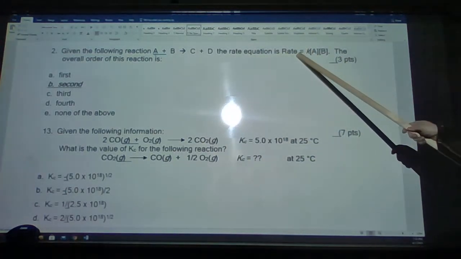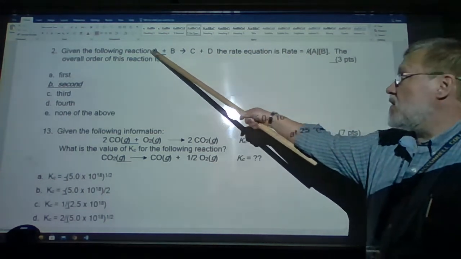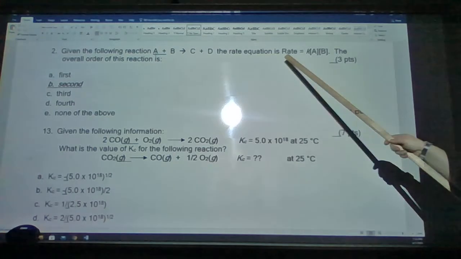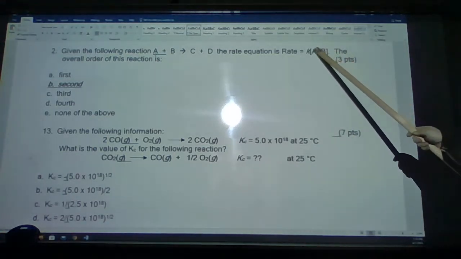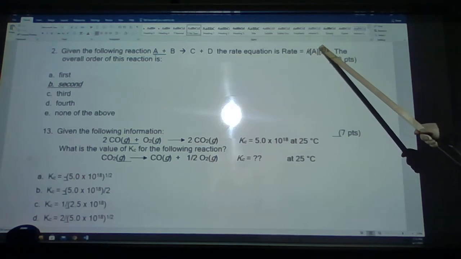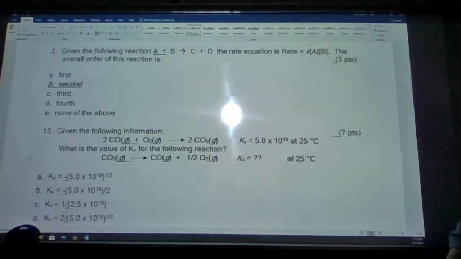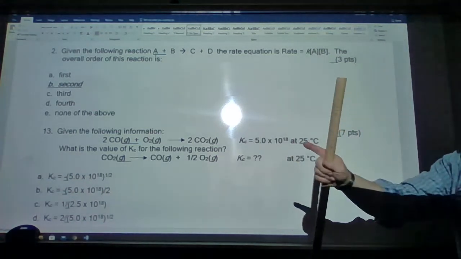The rate of the reaction is equal to some rate constant K times the concentration of reactants raised to their coefficients. So here the rate is equal to K times A to the first power, because we don't see a number there, we assume that the power is 1.